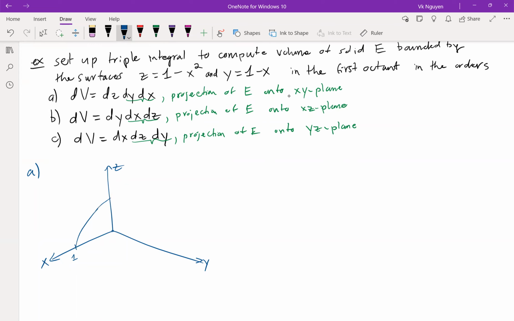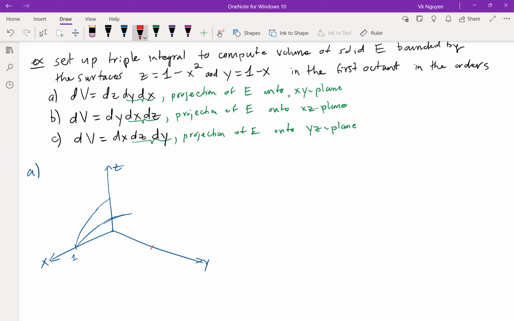And then this paraboloid is going to be cut by a plane. You have to be very careful. The plane y equals 1 minus x goes through here and cuts this paraboloid.